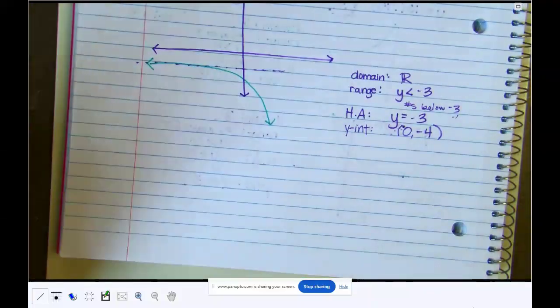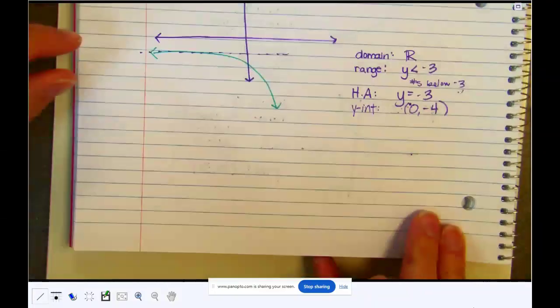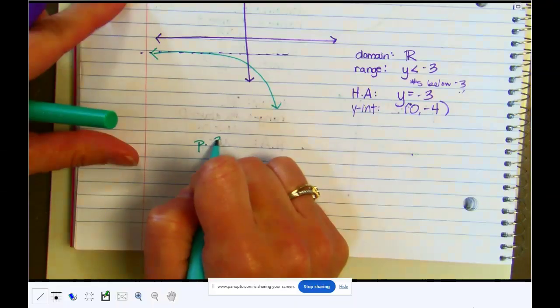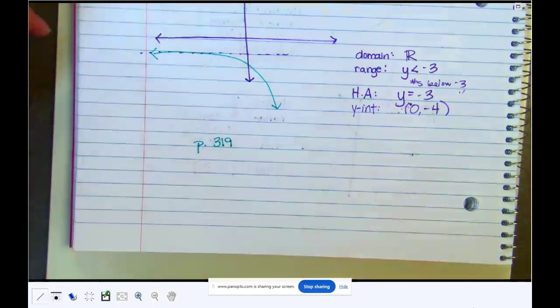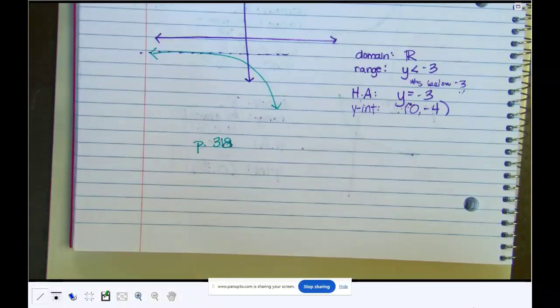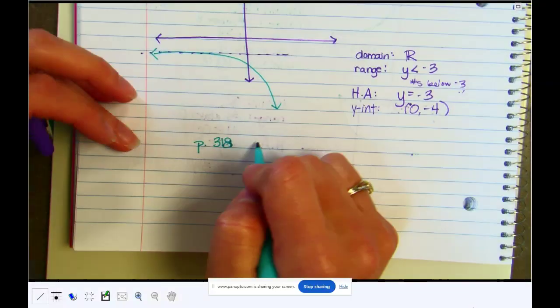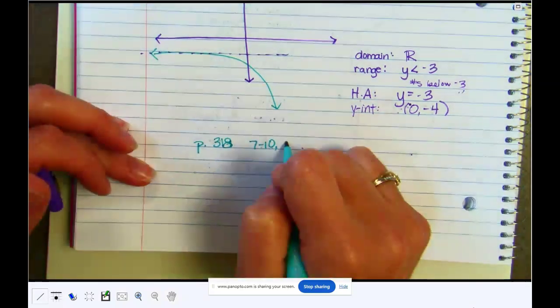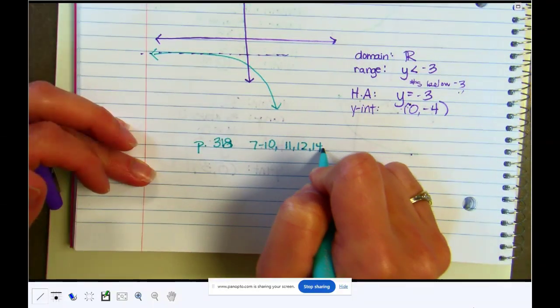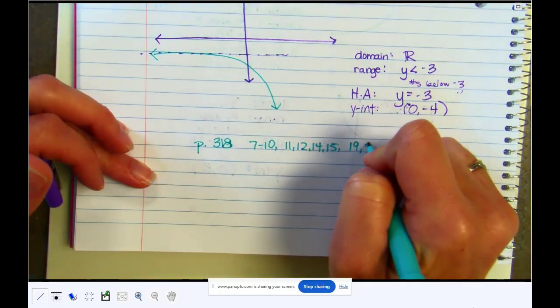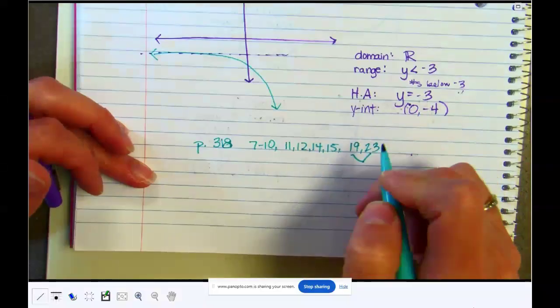Okay, so let me give you your homework assignment. While I'm writing this down, I would like you to understand that we have a quiz on Friday that will cover this material and our exponent rules.